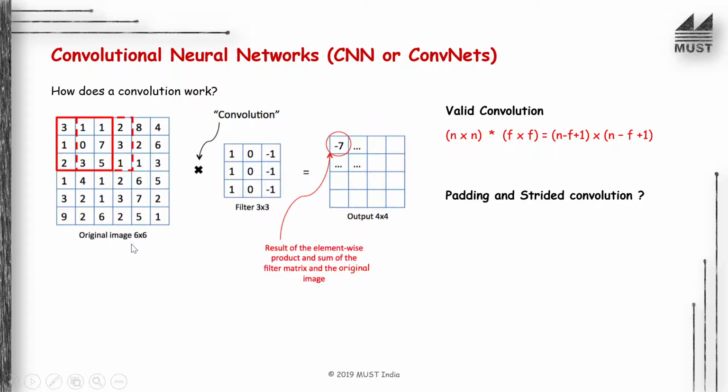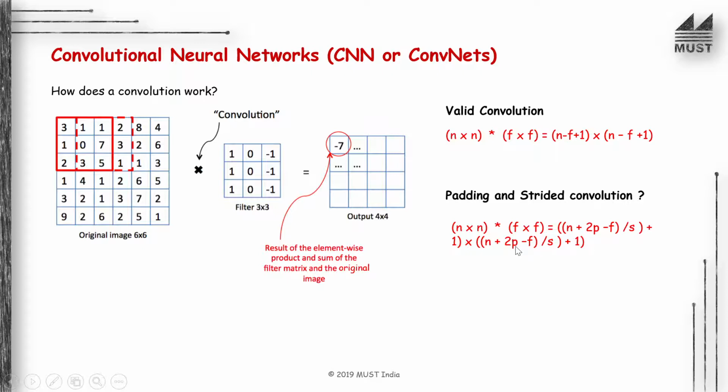So in such a typical case, my padded image matrix will be of the dimension 8 by 8 in order to get an output of 6 by 6. So this is how the typical formula looks like. If you have an n cross n matrix and an f cross f filter, your output matrix should be of this dimension: (n plus 2p minus f) divided by s plus 1 cross (n plus 2p minus f) divided by s plus 1.